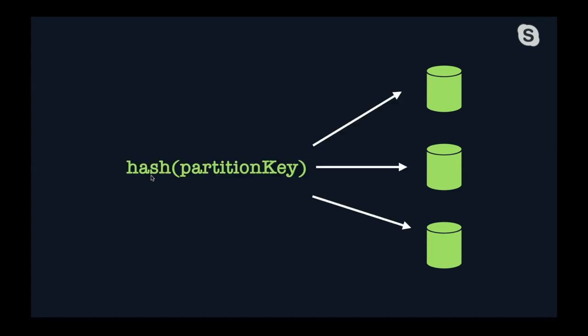And what ends up happening is that a hash of your partition key that you provide as part of your data comes in, and that determines where that data lives, which machine it lives on. And then ID is the thing that uniquely identifies that document on an individual machine. This is all transparent to you. You don't have to really worry about machines. You don't have to have instances of Cosmos running. It's all serverless. But it's important to kind of understand how it's working behind the hood so we can do things in a performant way.